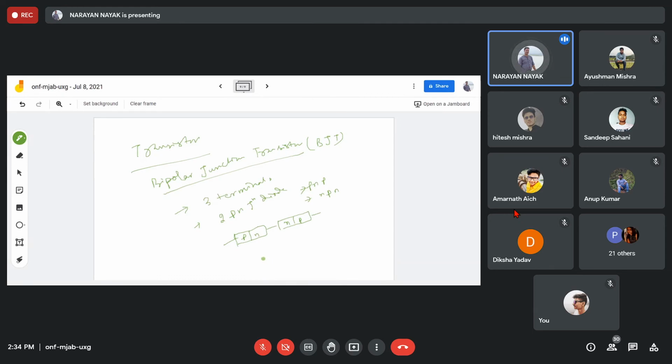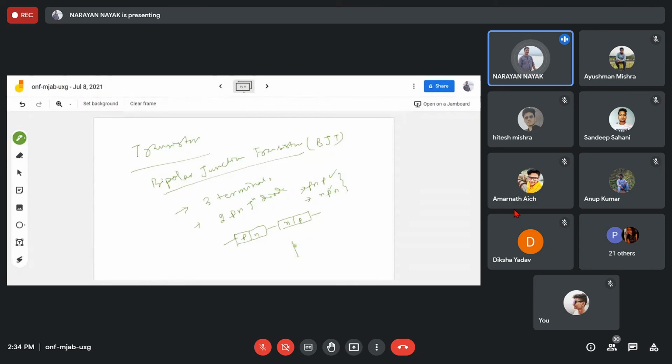In PNP, between two P materials, N material will be there. Similarly, NPN is what? Between two N materials, P material will be there. So there are two types of transistor, PNP and NPN.